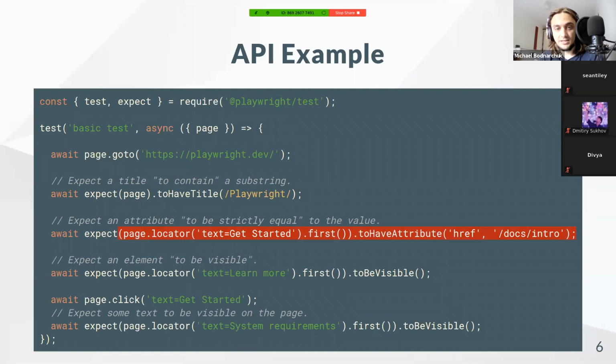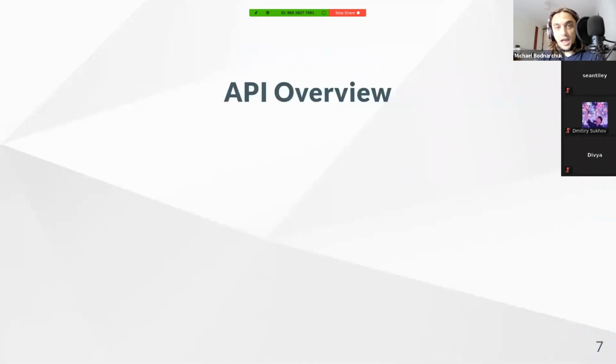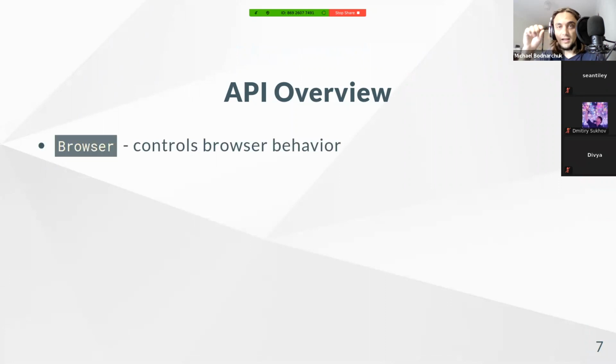So this syntax is very verbose, at least to my feeling. But this is how we do test automation. Anyway, we have a very rich API because you have full control of your browser, and we have different objects in Playwright.